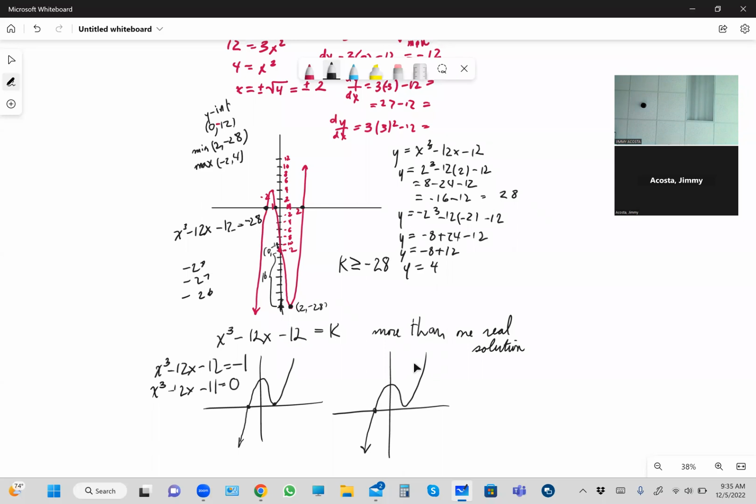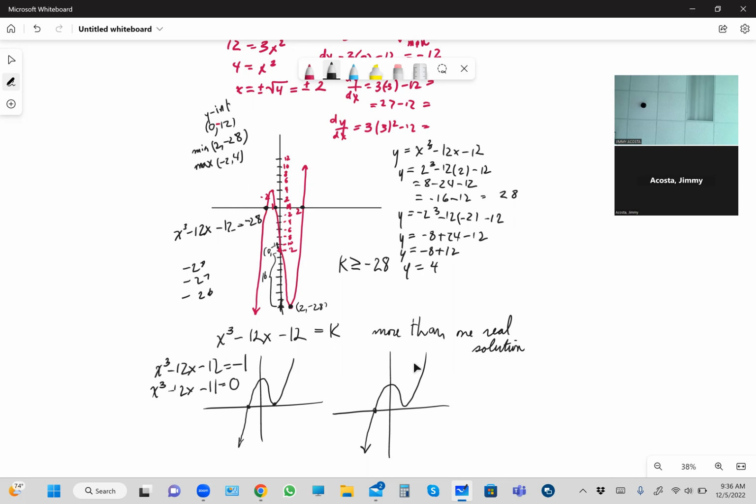So it can be anything greater than negative 28. Yeah. Once we hit negative 28, we have 2 solutions. But when we cross the line to negative 28.1 or negative 28.00001, anything less than negative 28, and when I mean less than, I mean in that direction, the negative direction.